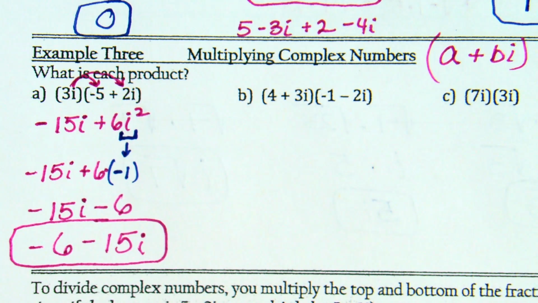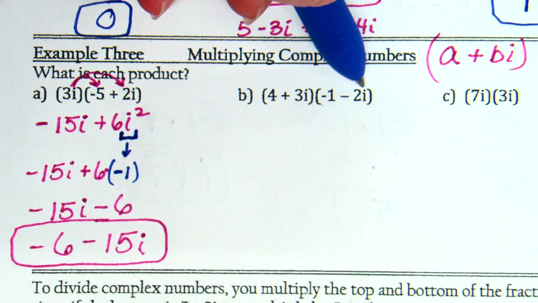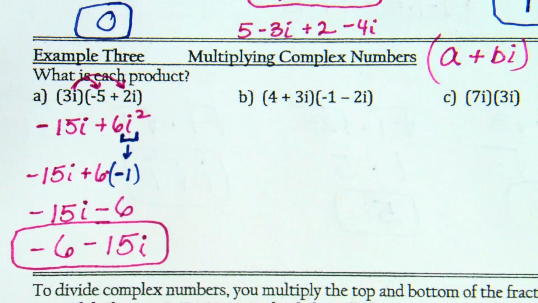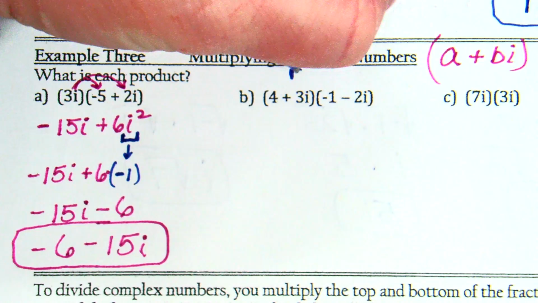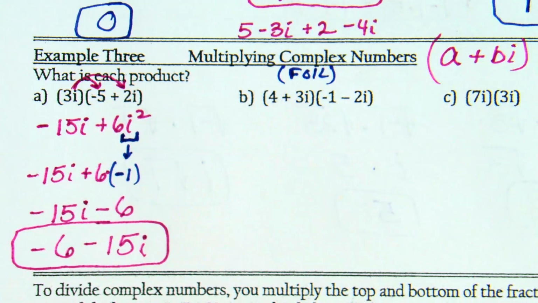When we distribute, and if you guys just want to say distribute, that's fine, because we're going to distribute the 4 to both pieces and the 3i to both pieces. What's it also called? FOIL. Okay, and distribute is actually officially the more mathematical word if you want to get specific. But also when I say FOIL, I think that triggers something for some people that, oh, okay, yeah, I know how to FOIL.